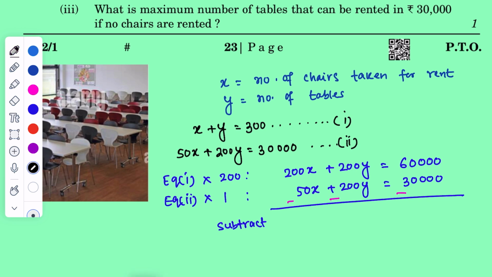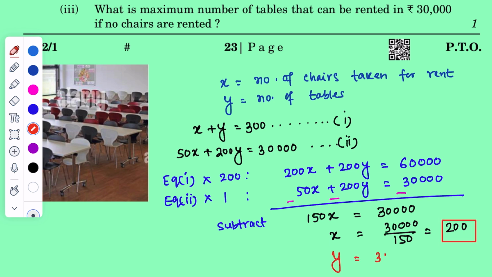Now we will get 150x is equal to 30,000, or x is 30,000 divided by 150, that is equal to 200. This is the number of chairs taken for rent. So the number of tables taken for rent will be 300 minus 200, that is equal to 100.